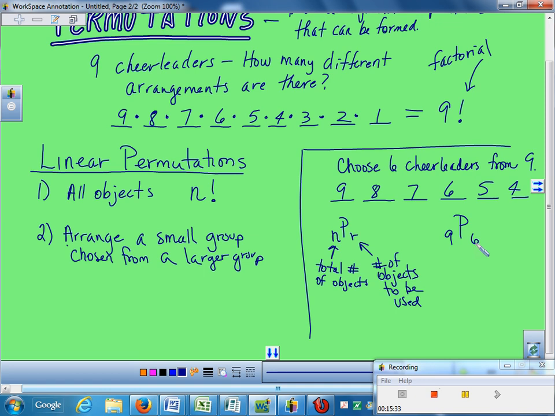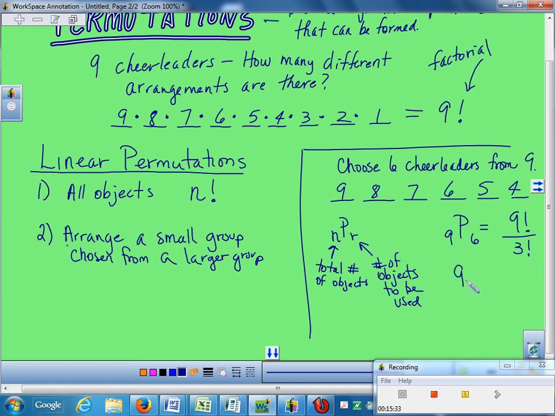Okay, now I'm going to show you what your calculator does, or how you work it with factorials, but then your calculator actually also has this built into it. If you work it with factorials, what your calculator does is it goes, oh, there's 9 total factorial, and then it subtracts the 2 numbers, which in this case would be 3, and it divides by 3 factorial.